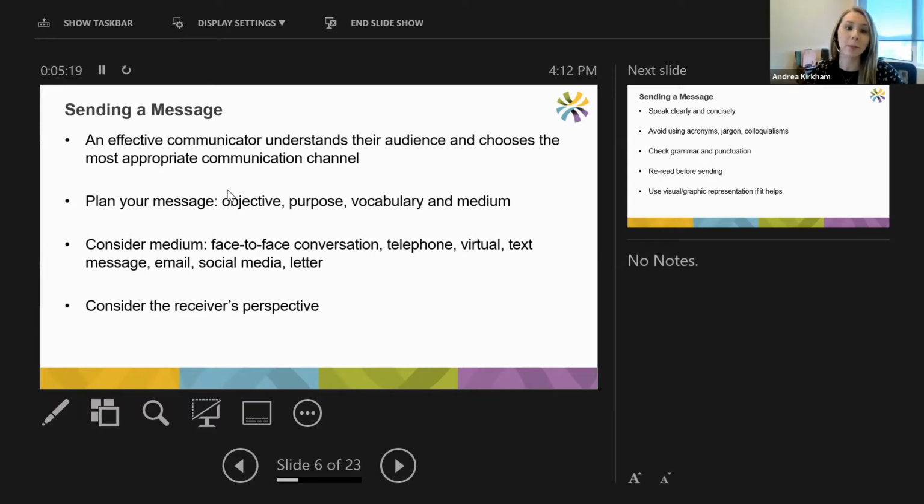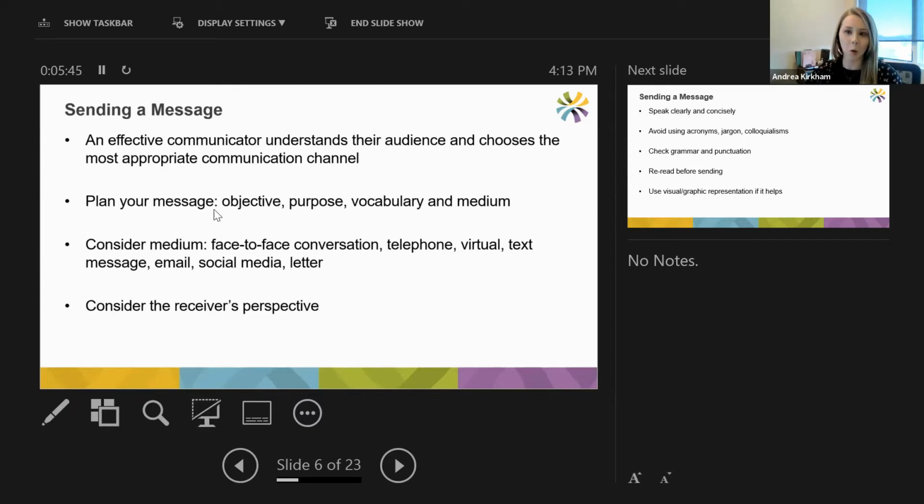So when you're planning your message, the four main criteria that you need to think about are your objective, your purpose, your vocabulary, and your medium. Now, to break those down into more simple, understandable terms, the objective is your what. So what is it that you're ultimately looking to share or impart with your colleague or your friend?